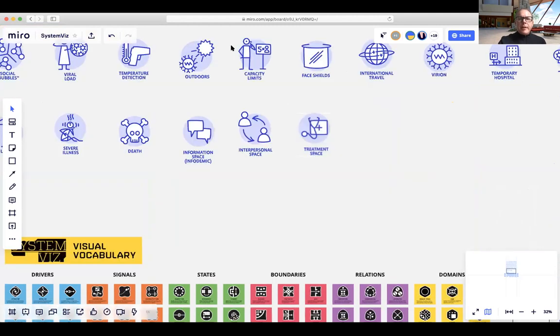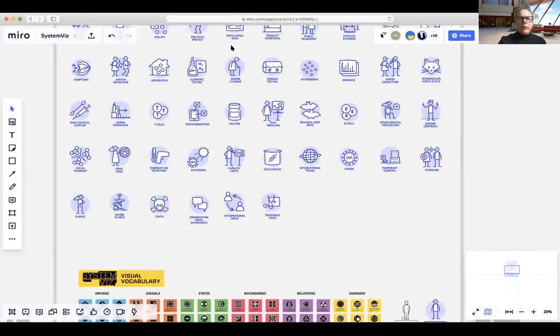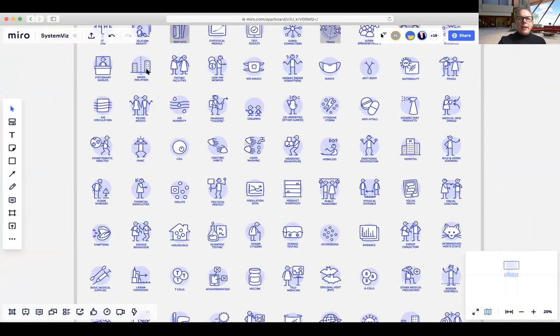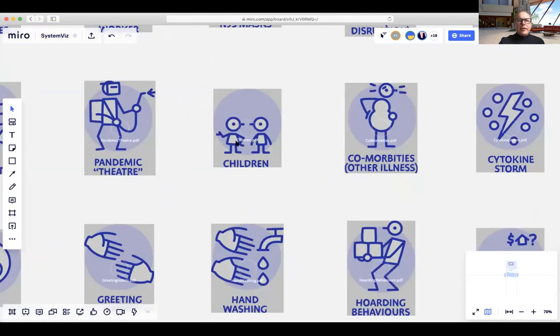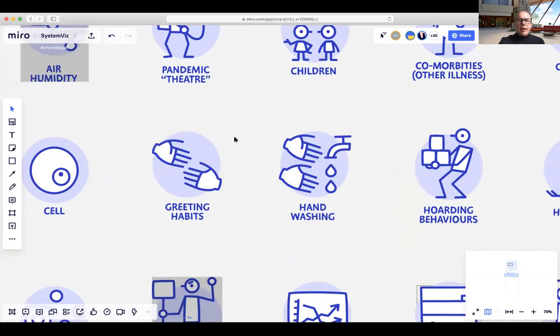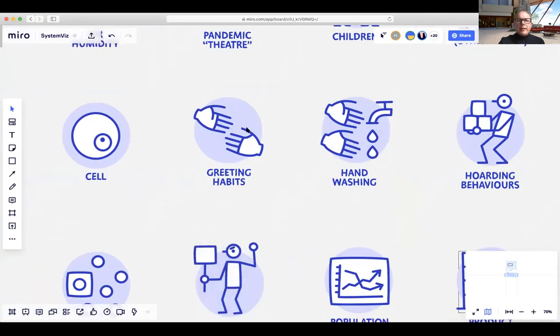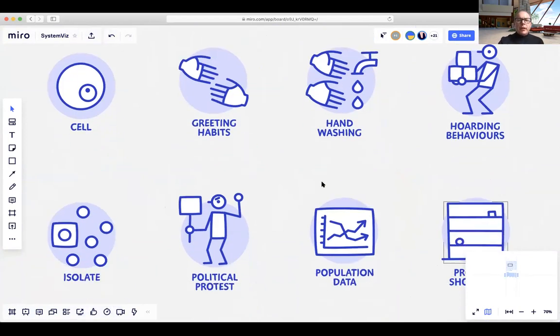Now, because we're going to discuss COVID, I've got a number of illustrations here that point to different parts of the system. So greeting habits, like examples of handshaking or hand washing and these sorts of things.